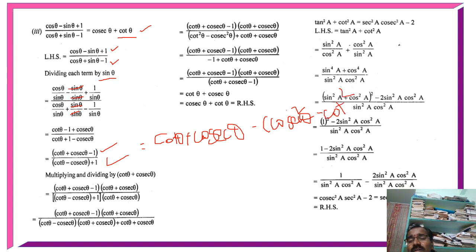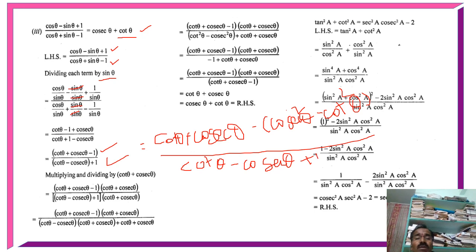By using the third identity, we will do whole by the denominator, which remains the same. What is the denominator here? Cosecant theta, cot theta, minus cosecant theta, plus 1.